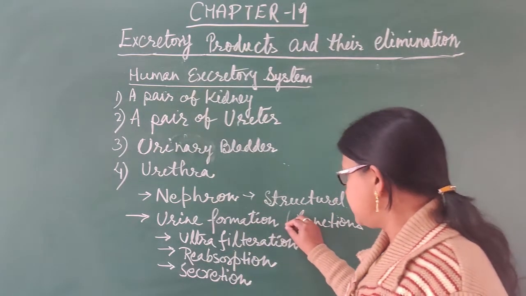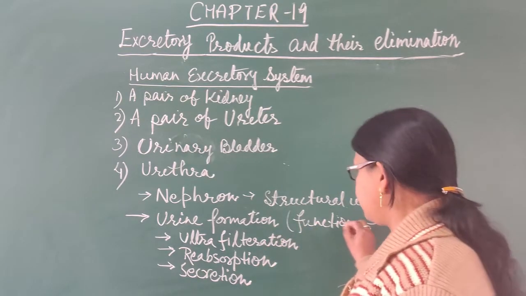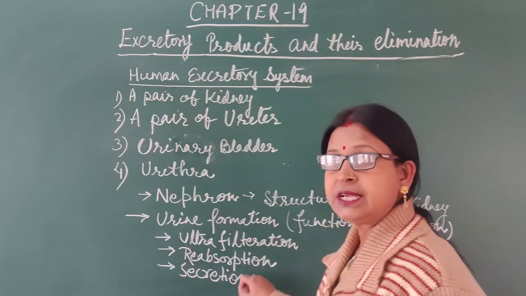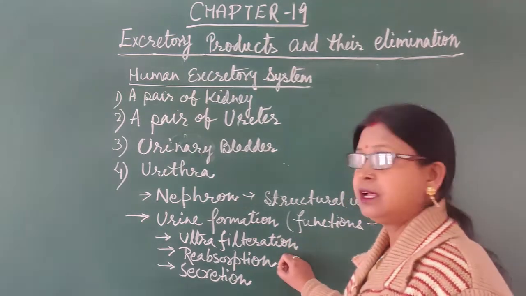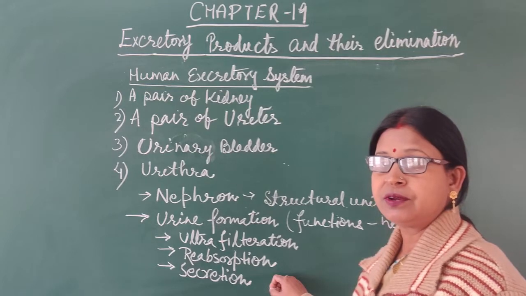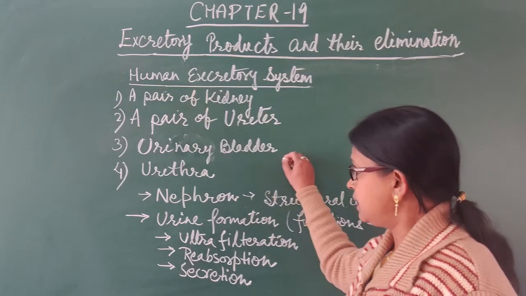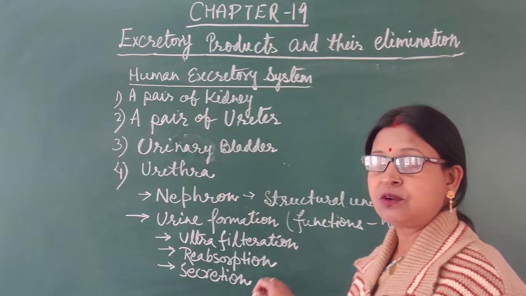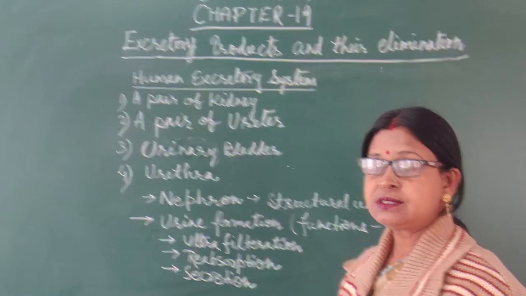Urine formation, or the functioning of the nephron, occurs in three steps, that is ultrafiltration, reabsorption and secretion, which occur in different parts of the nephron. The structure of the kidney as well as the functioning and structure of the nephron will be discussed through this diagram.